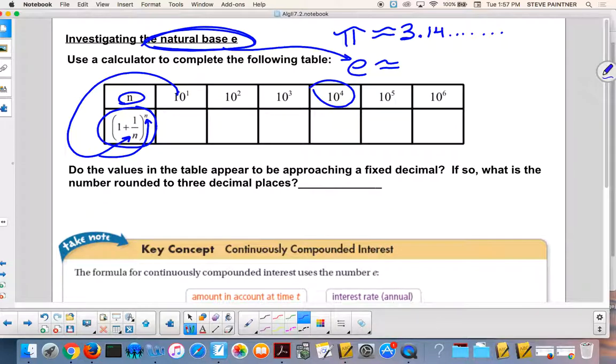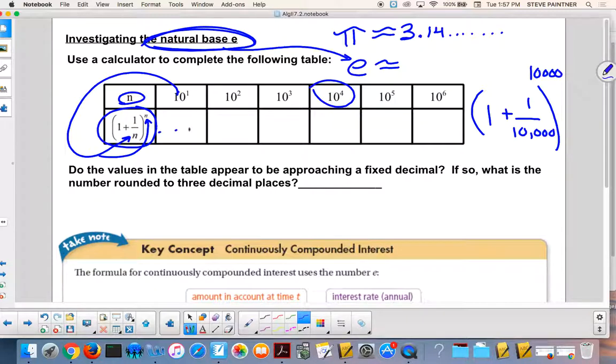I'm going to ask you to plug in 10 to the 4th. Do you know what 10 to the 4th is? It is 10,000. Plug 10,000 into this formula and tell me what you get. I'll write it down for you. Plug this in and raise it to the 10,000 power.